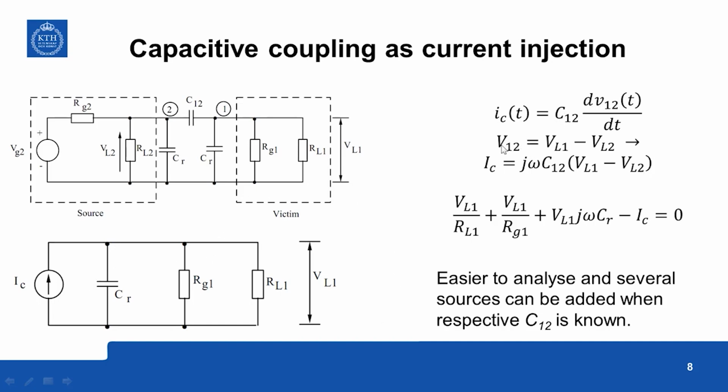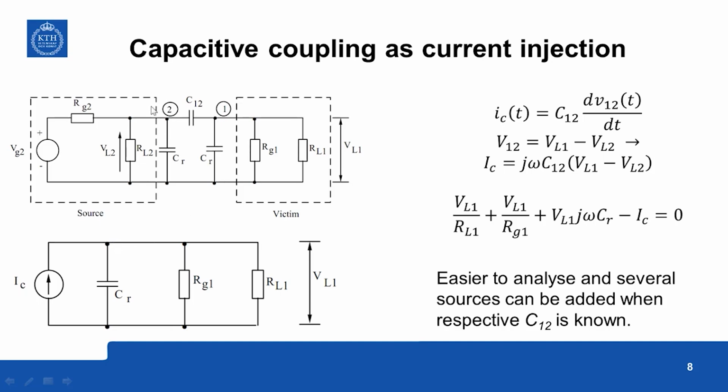Then V12 is VL1 minus VL2, and this source current IC equals j omega C12 times this potential difference across. So now you write the node equations for I1 here.